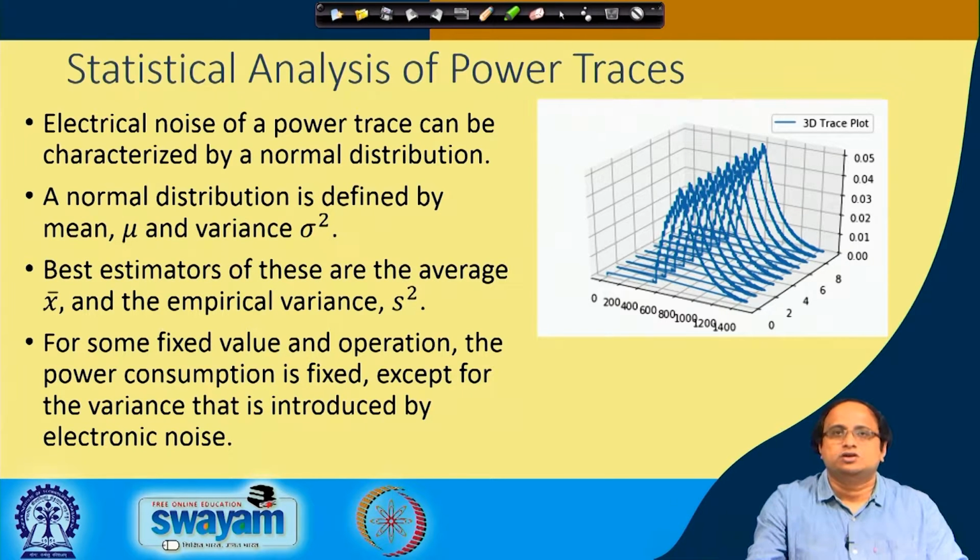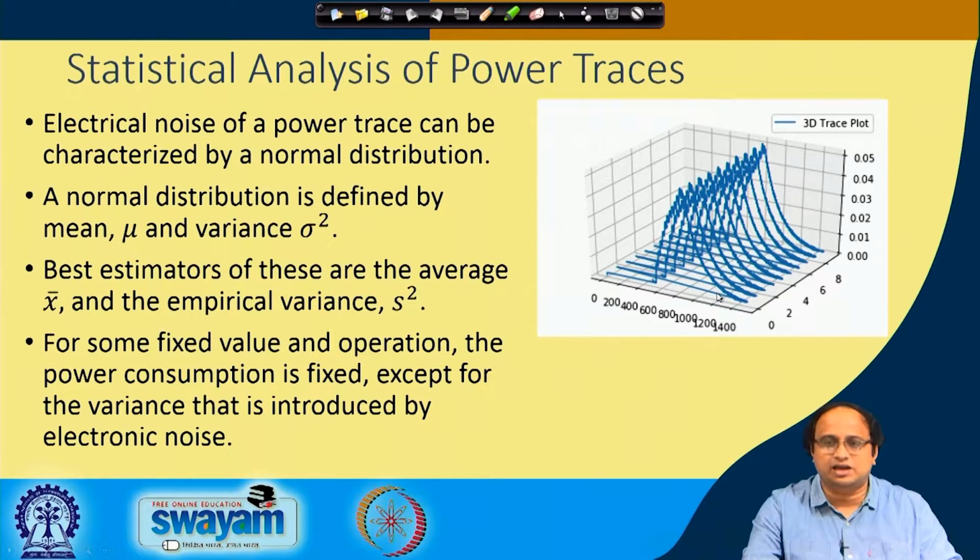This diagram shows the power traces of AES, and you can see that all of them look roughly the same, but there are small differences. So the question is why is there a difference, and the answer is because of electrical noise. Note that this component is not due to algorithmic noise, because algorithmic noise should not differ, since you are keeping the data the same in all these cases.